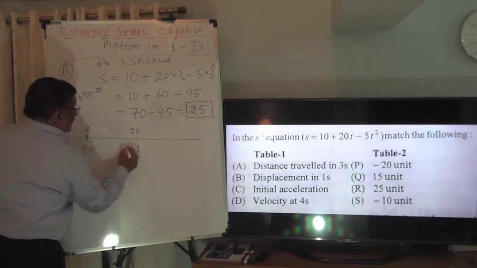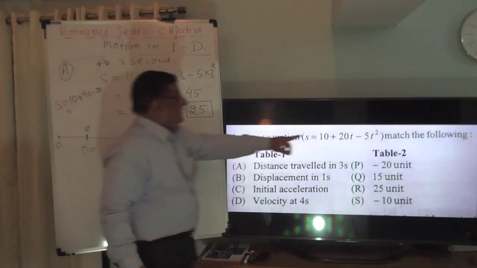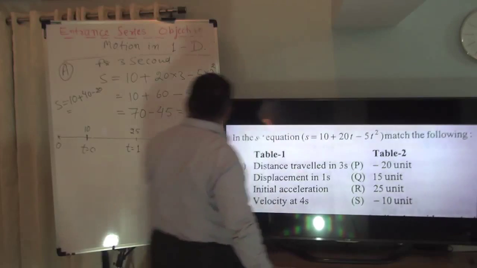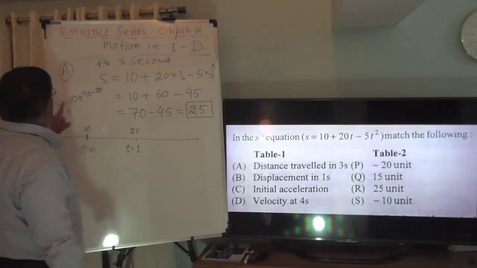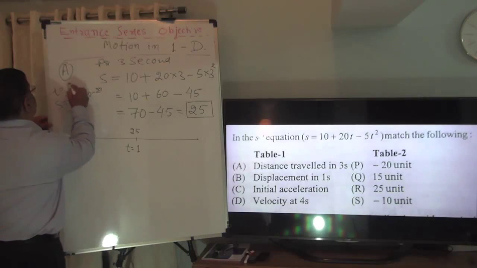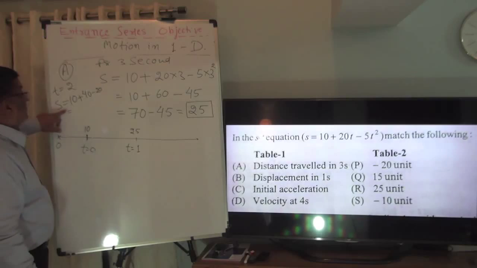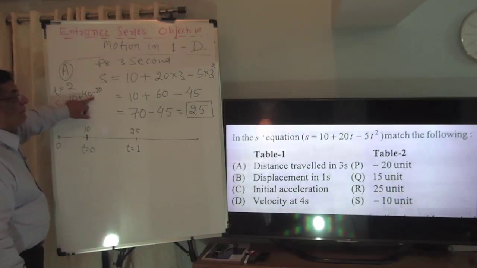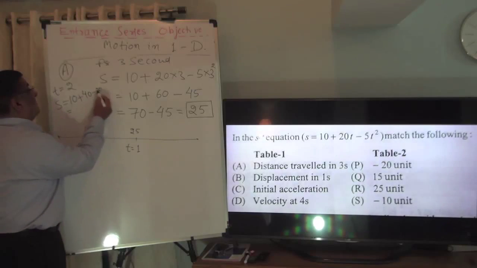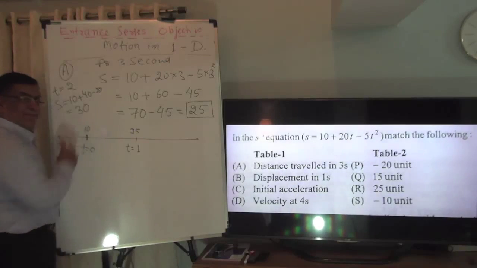I am sorry. When we place 1 here, then it is 10 plus 20, 30. 30 minus 5, 25. Okay. When we place t is equal to 2, s is equal to 10 plus 40 minus 2 2s are 4, 5 4s are 20, and this becomes 50 minus 20, that is 30.